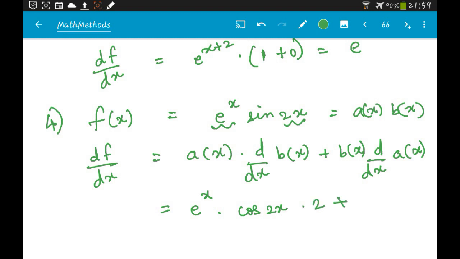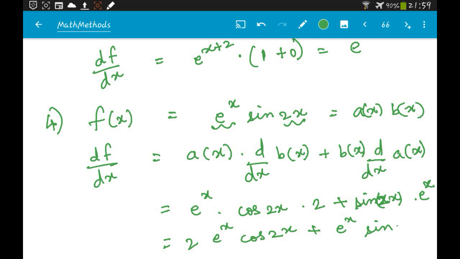Then you will have sine 2x into differentiation of e power x, which is e power x. So you will get 2 e power x cos 2x plus e power x sine 2x. Okay, I think this is enough. You can try such functions more and more and see what answers you get.